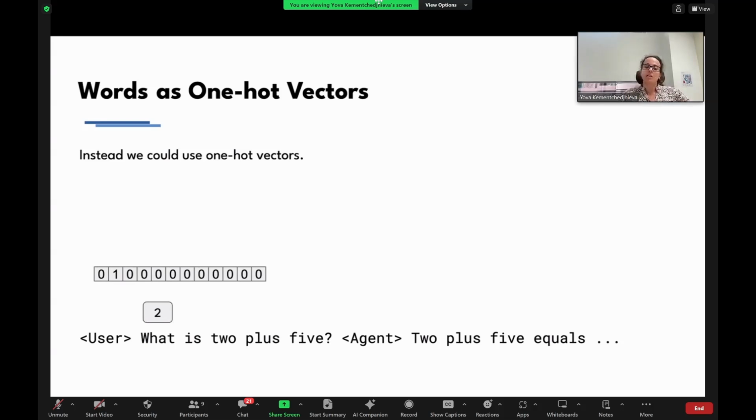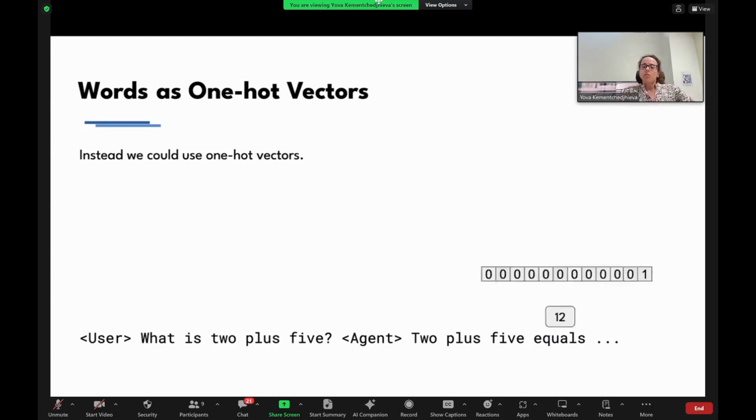When we want to represent what, we're going to put a 1 in the second position in this vector, all the rest will be zeros, and so on. So this now allows us to represent words in a slightly less confusing way from the perspective of the model, but still in an arbitrary way. Still, we have these very many zeros in the vector that don't really serve us any purpose. We have this fairly long vector to represent just a small set of words, and still the representations are arbitrary.